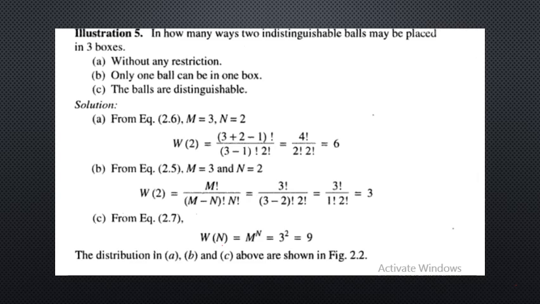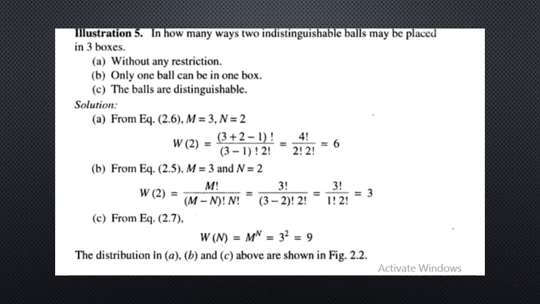Here we have three distinguishable locations and two indistinguishable objects, meaning m is equal to 3 and n is equal to 2. Putting the value in the equation, we have factorial (3 plus 2 minus 1) upon factorial (3 minus 1) into factorial 2, which is equal to factorial 4 upon factorial 2 into factorial 2, giving the answer 6.